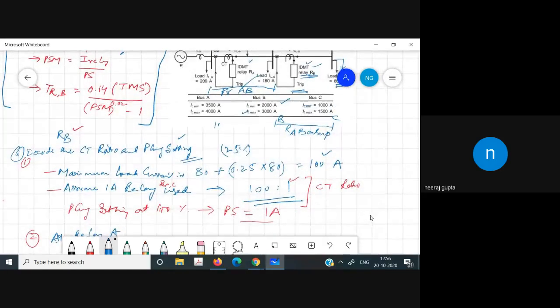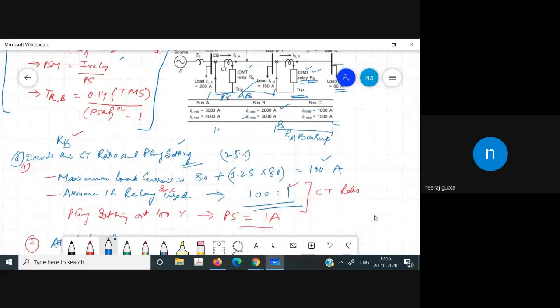Relay A is used for the protection of this feeder and this one. It means that the total current in this case is 160 ampere plus 80 ampere, because it is also providing backup protection for this feeder. So for A, we will have 160 plus 80 ampere.